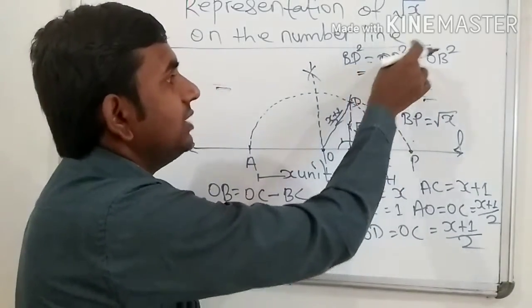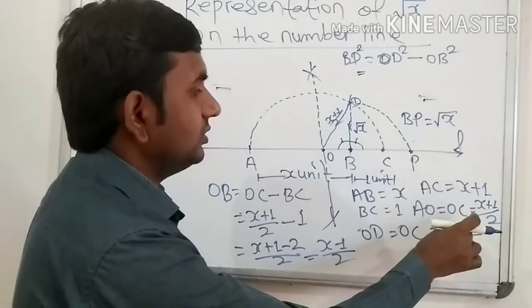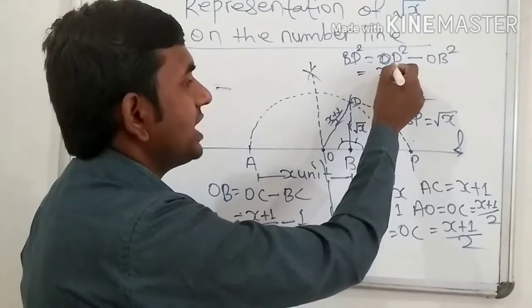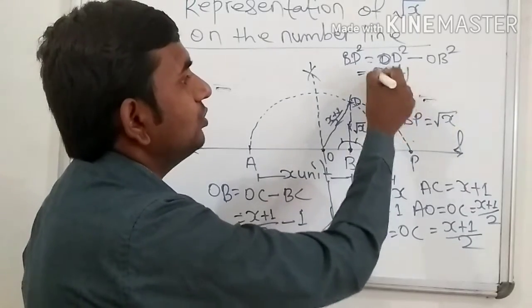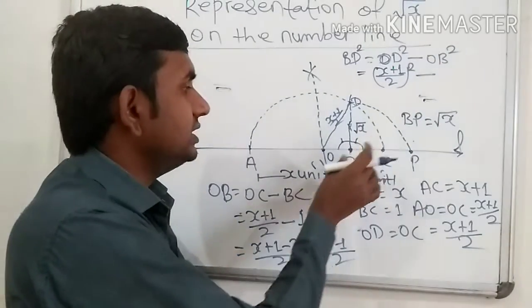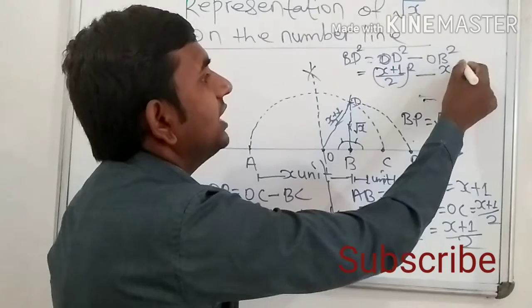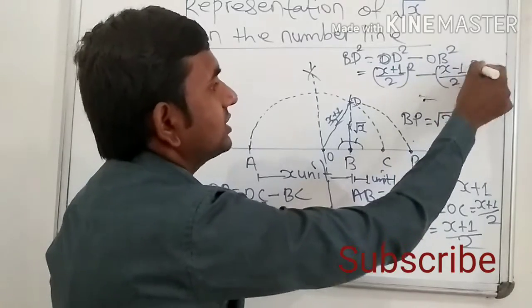Here we have OD square, where OD is (x plus 1) by 2, so we write (x plus 1) by 2 whole square. Then minus OB square, where OB is (x minus 1) by 2, so we write (x minus 1) by 2 whole square.